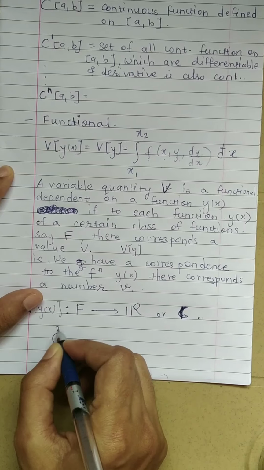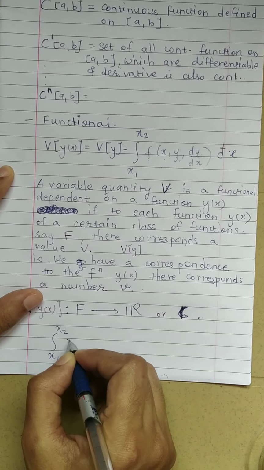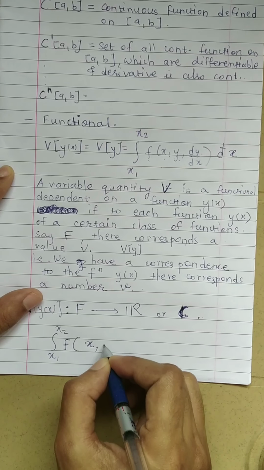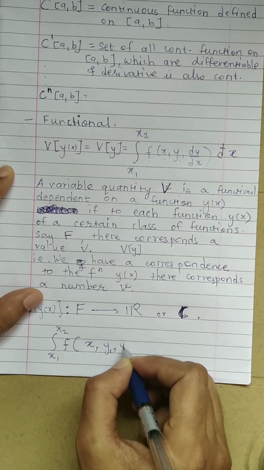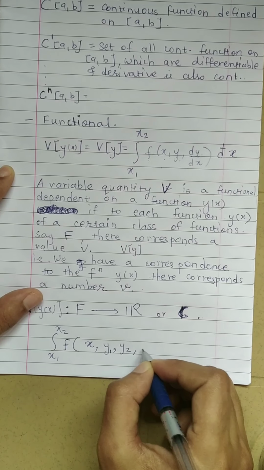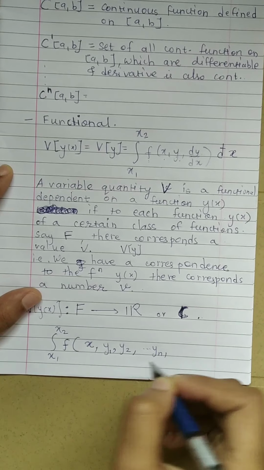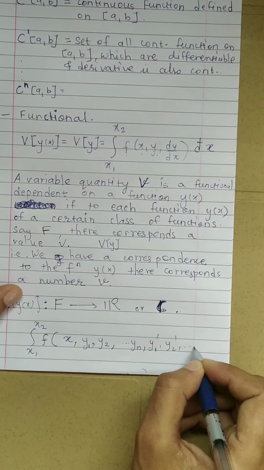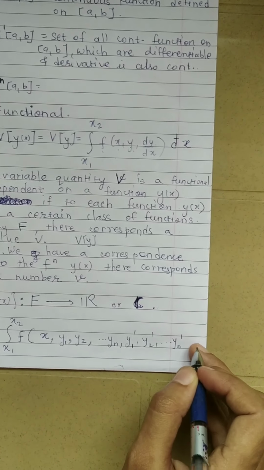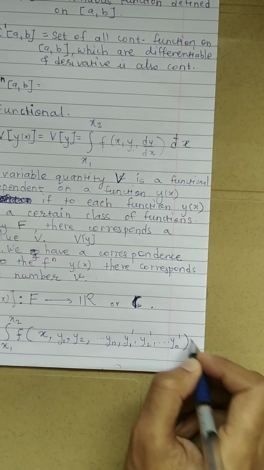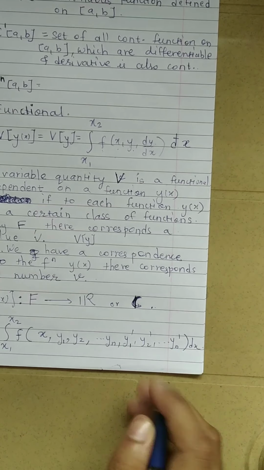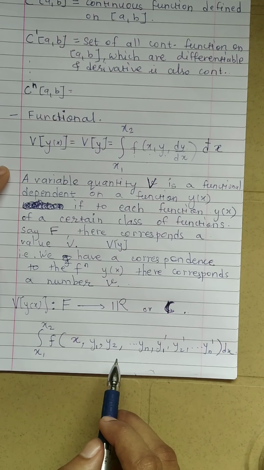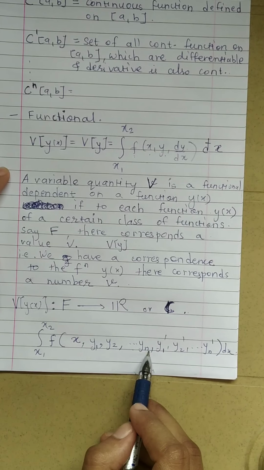If this is from x1 to x2, this capital F, or I think we have taken small f, will depend on x, y1, y2 up to yn, and then the derivatives y1 dash, y2 dash, up to yn dash. Integration is with respect to x.